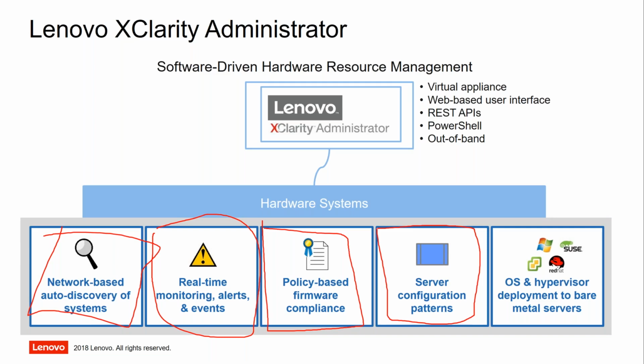If I want to do things like turn off USB ports, I know that I can do that, and I know that's common across all of my infrastructure. And in some cases, even being able to monitor after the fact, know that I'm still compliant with those standards that I use for deployment.